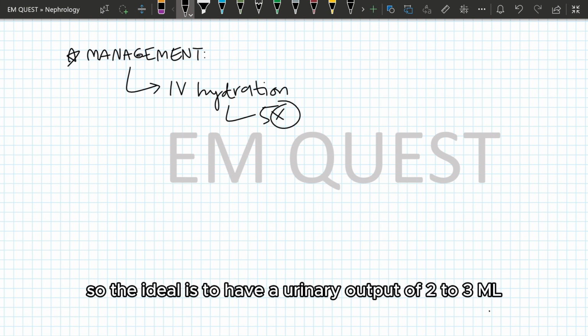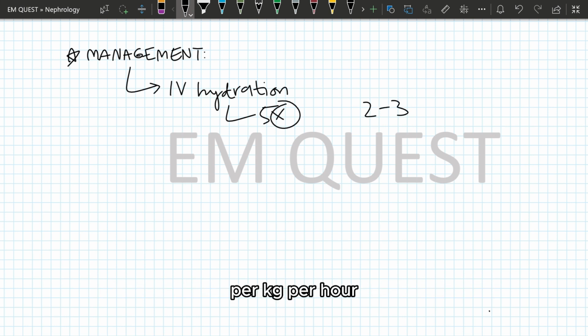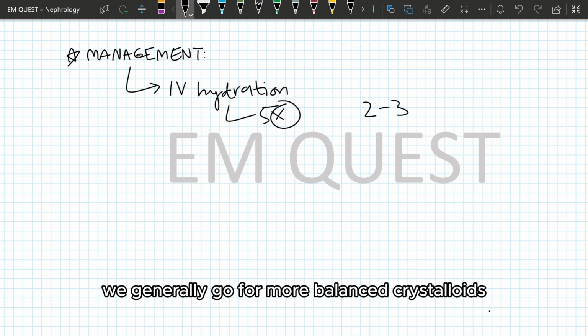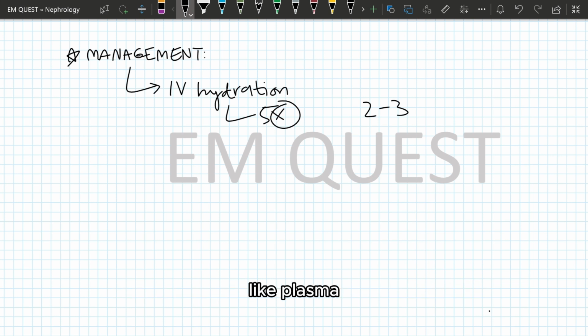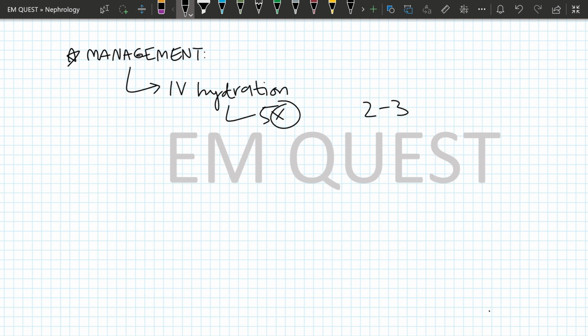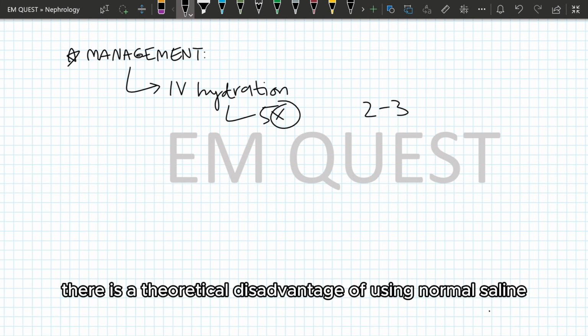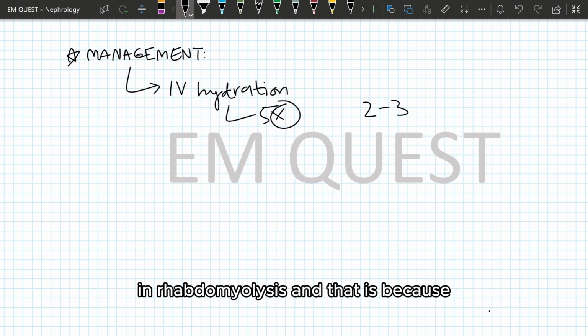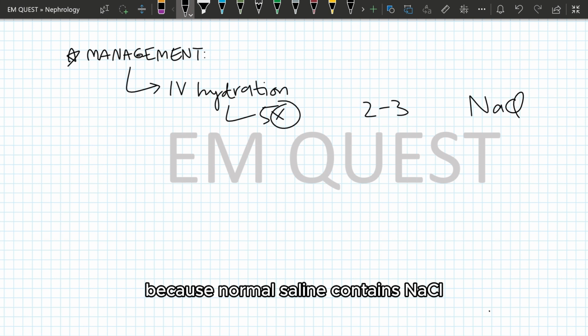So the ideal is to have a urinary output of 2 to 3 ml per kg per hour. We generally go for more balanced crystalloids like Plasma-Lyte and lactated Ringer's as the fluid of choice. There is a theoretical disadvantage of using normal saline in rhabdomyolysis, and that is because normal saline contains NaCl.